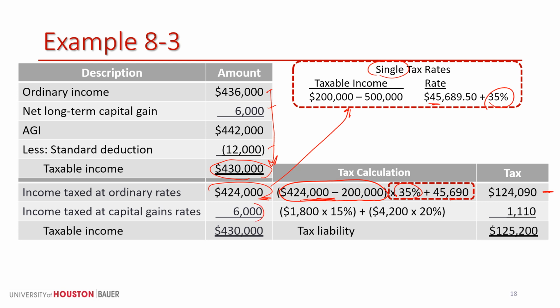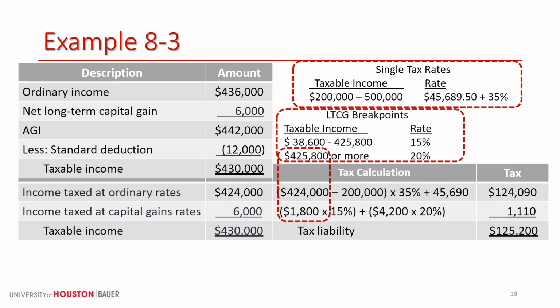Now the question is how to tax that $6,000 of preferential income. We go to our breakpoints for capital gains and preferential income. The breakpoint for a single taxpayer between a 15% rate and a 20% rate occurs at $425,800. And in this instance, he had ordinary income of $424,000, which means there's still another $1,800 of income that's eligible for the 15% rate.